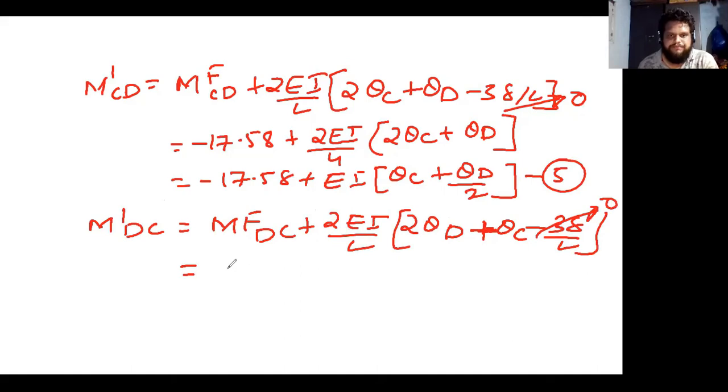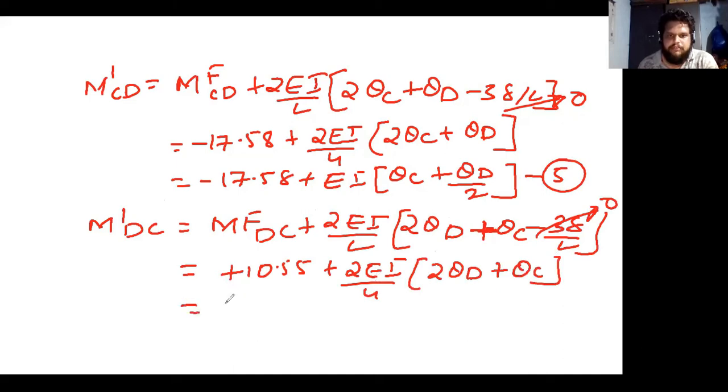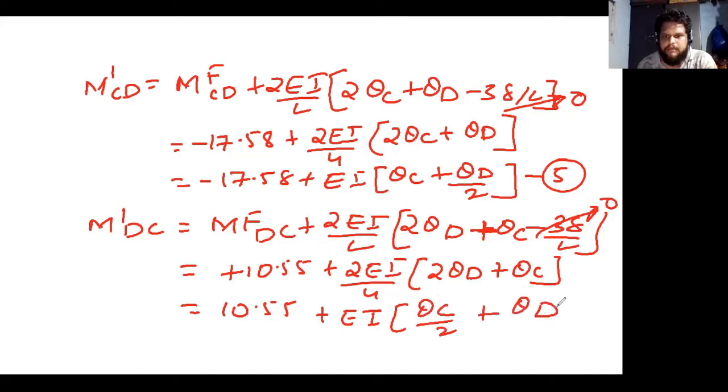Now this will become plus 10.55 plus 2 EI by 4 into 2 theta D plus theta C. If I rewrite this equation, 10.55 plus EI into, initially I'm writing theta C, and why I'm writing it you will understand very soon. So this will become theta C by 2 plus theta D. So this is equation number 6.